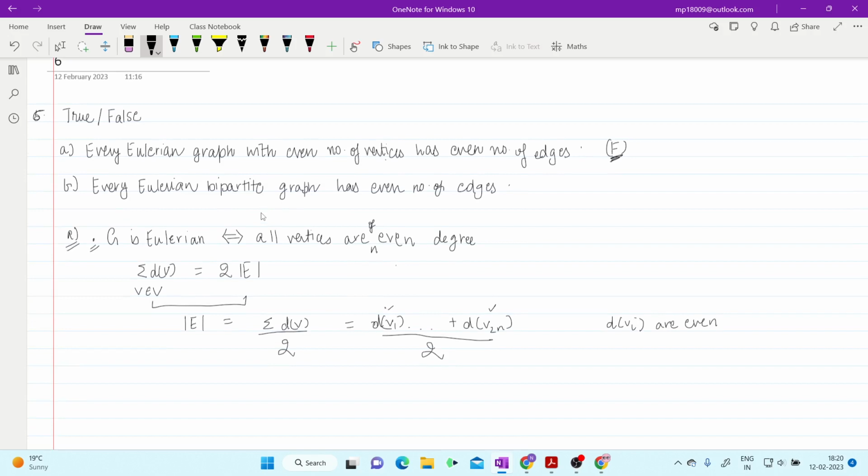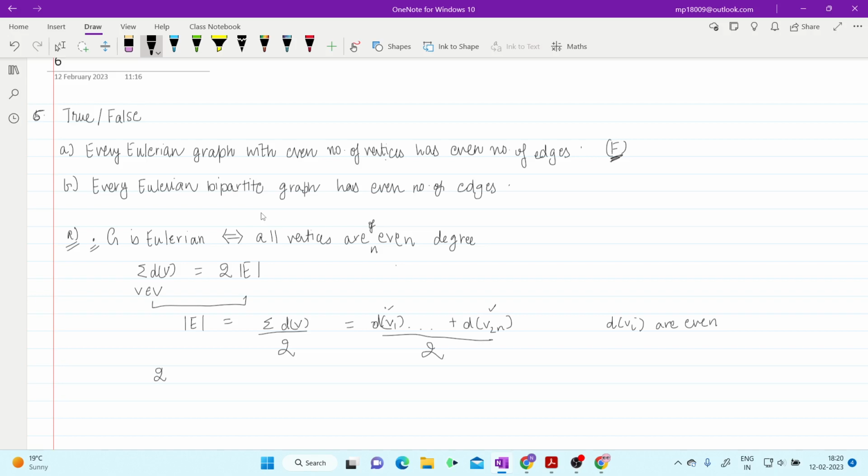Because this sum can be odd, for this to be even it need not be true. Now we are trying to construct a counter example. We are given that we have an even number of vertices.